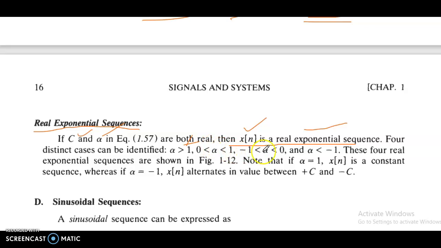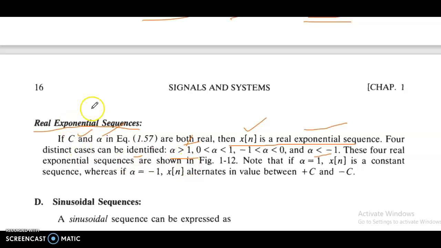That is cases 1, 2, 3, 4. And alpha is less than minus 1. Here greater than plus 1, here less than minus 1. Four distinct cases can be identified.